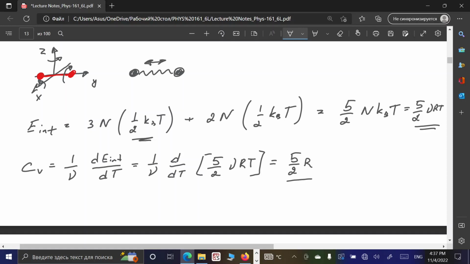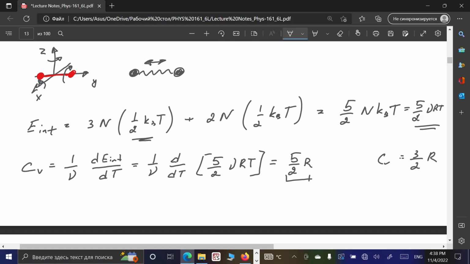So we see that as opposed to the single atomic case, when we had only translational motion and 3 degrees of freedom, in that case Cv was equal to 3/2 R. Here it is higher. Why is it higher? Because when we provide certain heat from outside to the system, we need to not only spend this heat to increase translational motion, but also need to initiate this rotational motion.